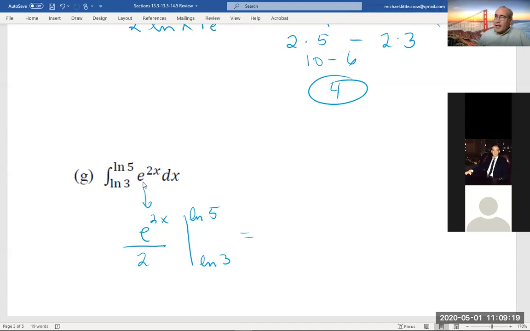So we plug in the top boundary first. So e to the 2 times natural log of 5 over 2 minus e to the 2 times natural log of 3 over 2.